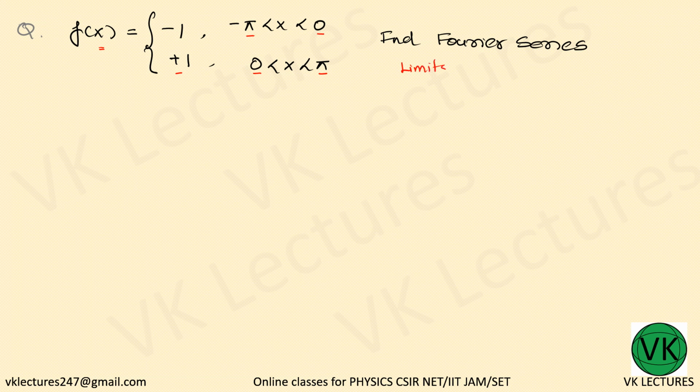The limits are from minus pi to pi, which is an even limit. We just need to focus now on the function f of x. We have to find whether the function is odd or even. Now look at this function, f of x is minus in the negative region and plus in the positive region. So the function is an odd function.